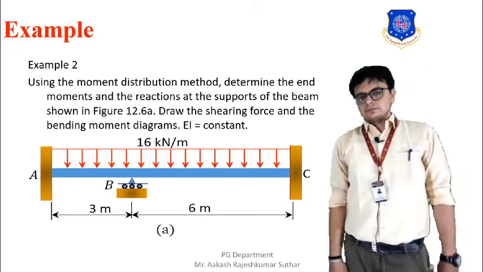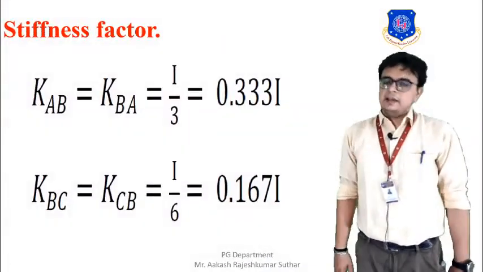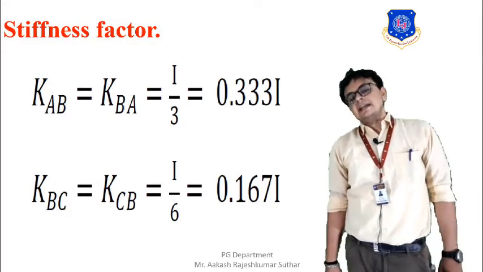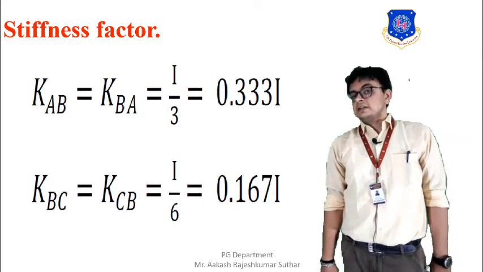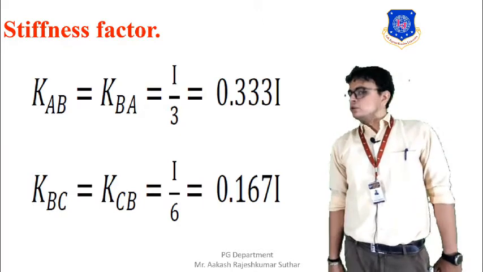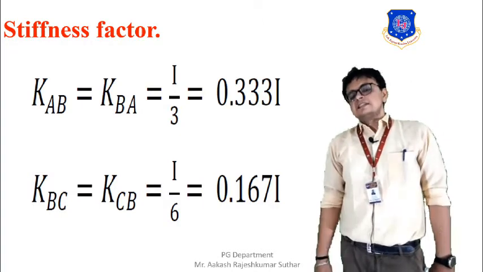So for our AB and BA, the stiffness factor will be I by L, that is I by 3, that is 0.333I. And the stiffness factor for BC and CB will also be the same. The formula is I by L and the L value is 6.